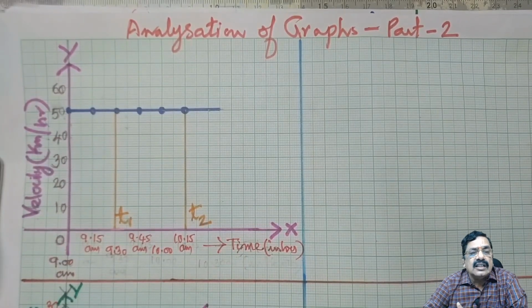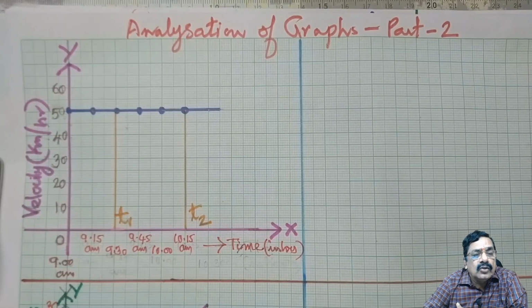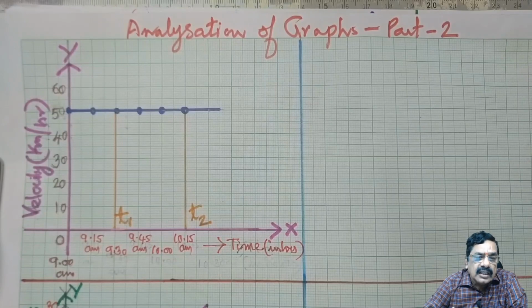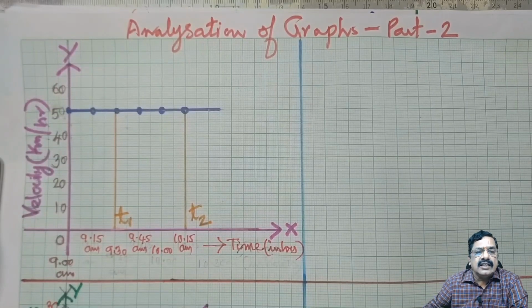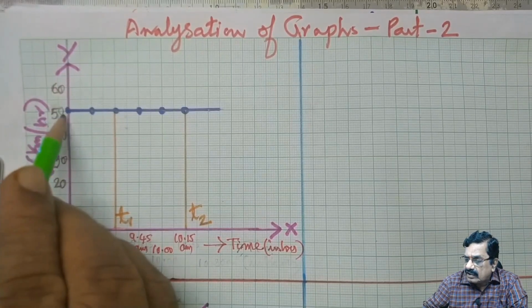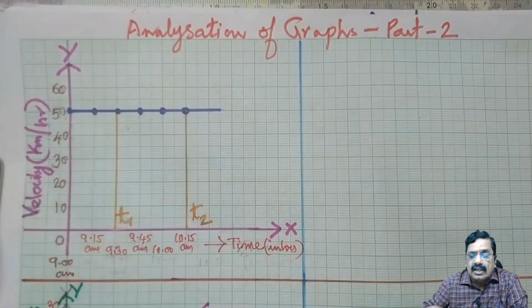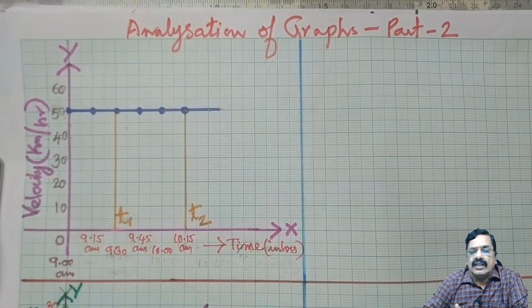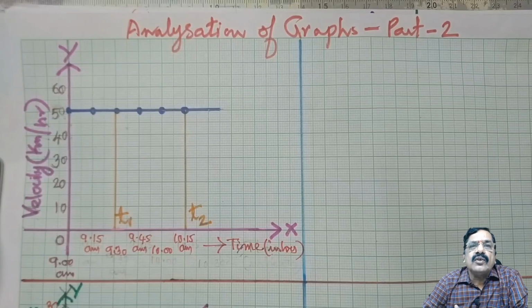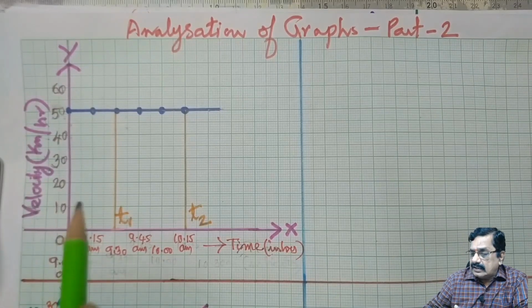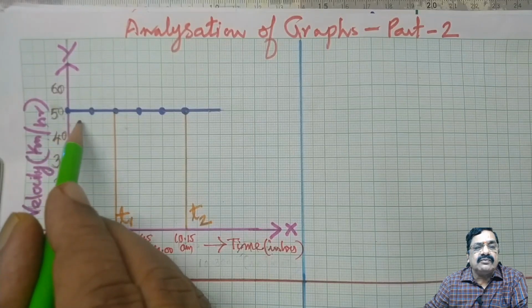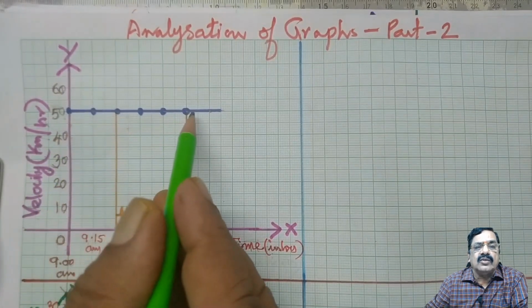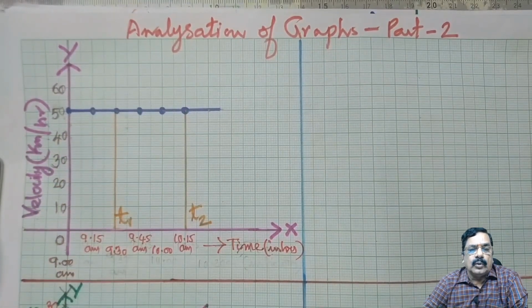Whether it is uniform velocity or uniform acceleration, can you assess it? I think you can. Velocity is constant means uniform velocity. With how much uniform velocity it is going? You can see the graph and tell me that it is going with 50 kilometer per hour uniform velocity.